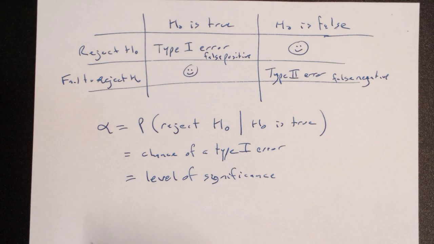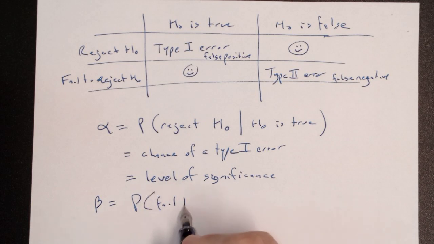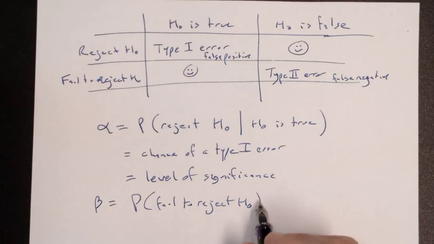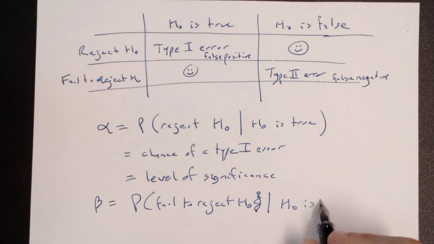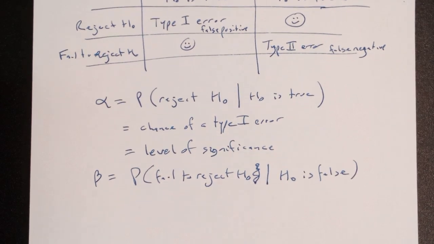Similarly, beta is the probability that I fail to reject the null hypothesis given that it is false. So now we're doing the same idea, but in the second column, this is the chance of a type 2 error.